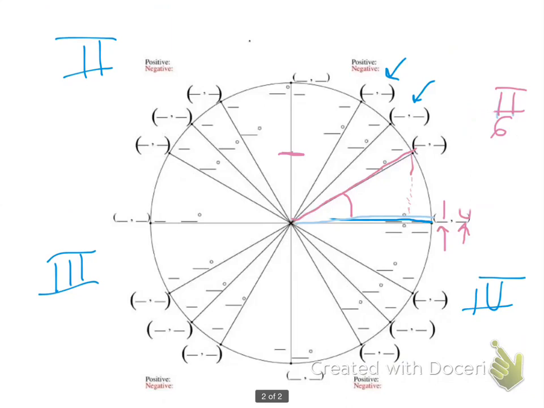But what I want to focus on now is, this is pi over 6, and for pi over 6 we can use our hand trick. In fact, this would be your ring finger, right, on your left hand. But notice over here in quadrant 2 that we also have that same angle, but it's way over here, right? It's in reference to the x-axis.